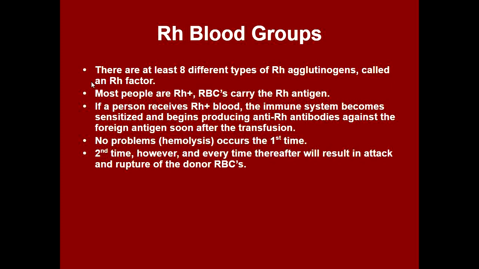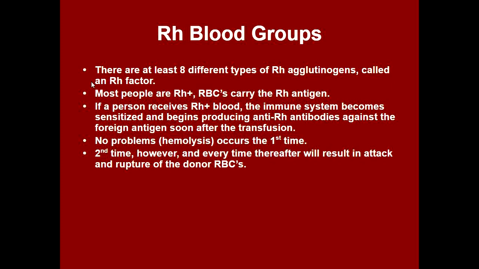Okay, so if you are a positive blood type like myself, that means that I carry the RH antigen. So I have no A, no B, but I do have RH on my blood cells. So therefore, I am O positive.